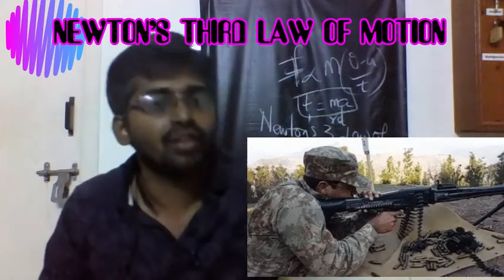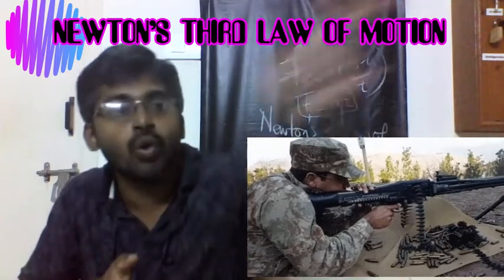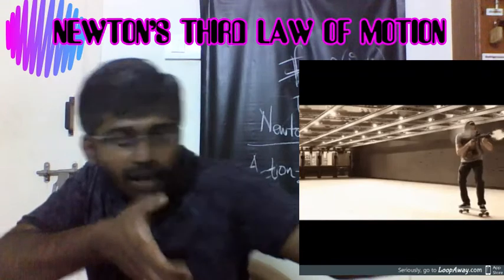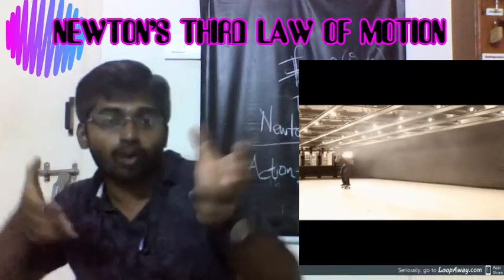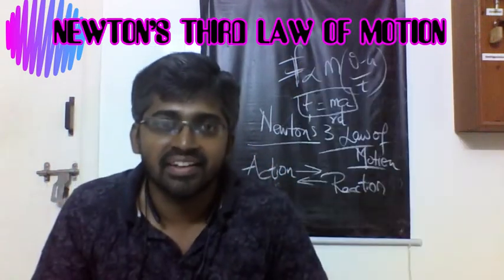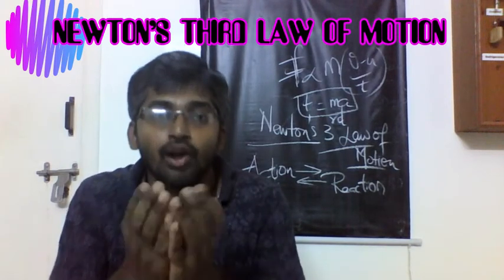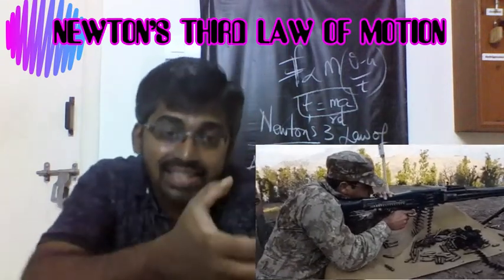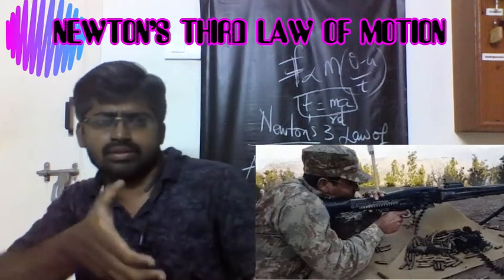The bullet is going on this side at very high velocity, but the gun is recoiling back like this, with a jerk. It's because it exerts the same equal and opposite force on the other side.